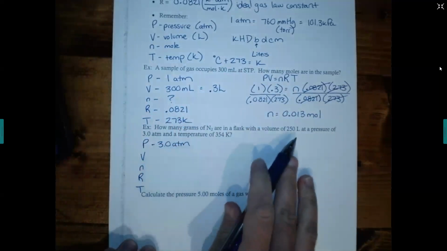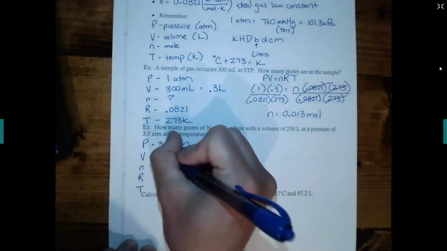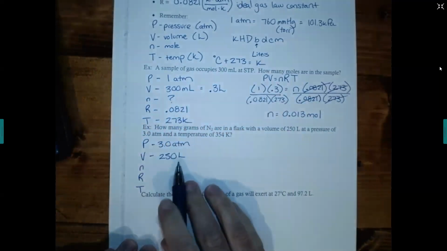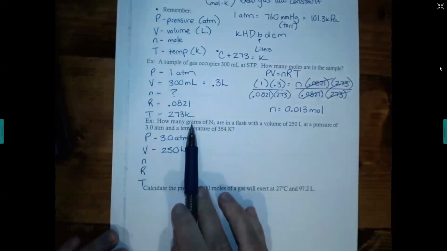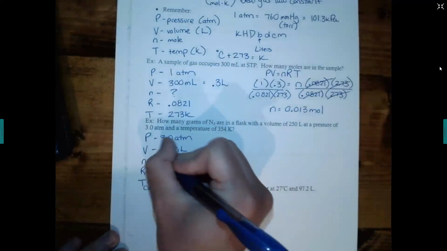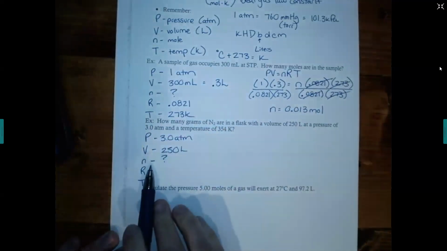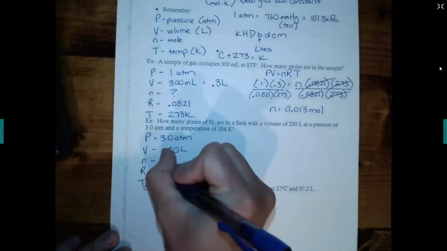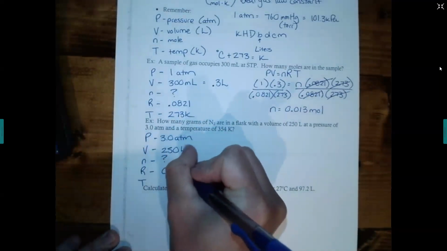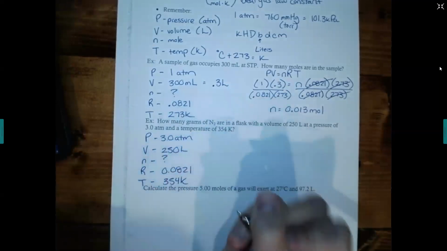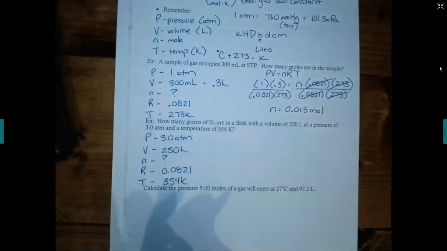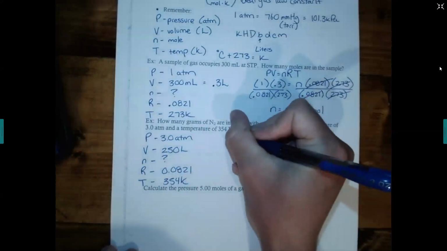For volume, I have 250 liters. It's already in liters, so I'm good there. Now, there's been no mention of moles, but there is a mention of grams. So I'm going to put a question mark next to moles. We'll solve for that, and then we'll convert it into grams. And then for R, that's 0.0821, and then temperature is 354 Kelvin. So that's nice. All of our variables are in the correct units so far.